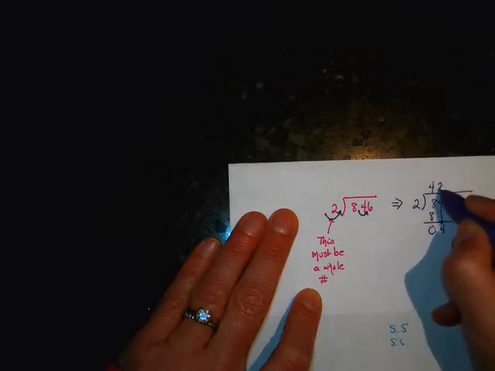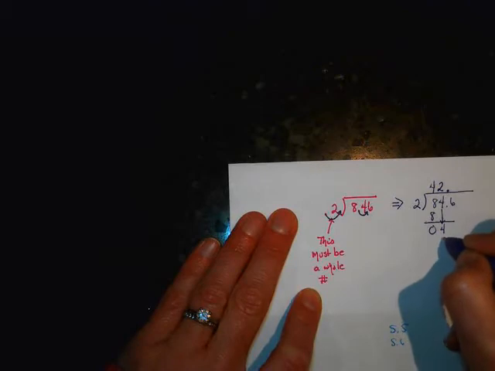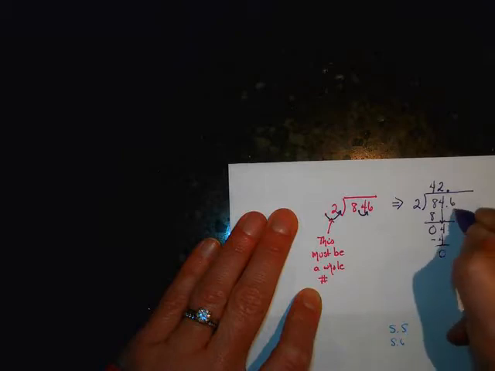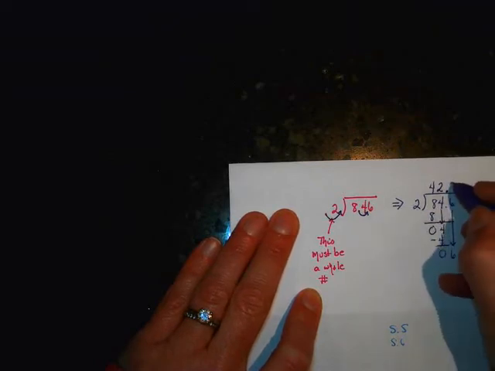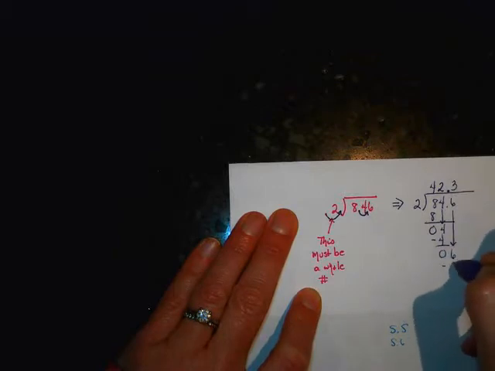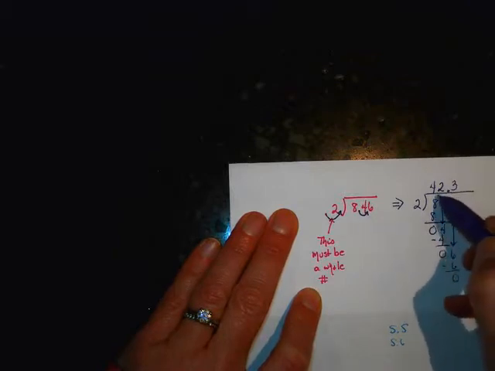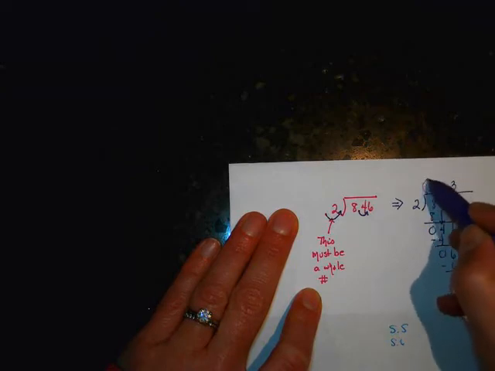There's a 2. So 2 times 2 is 4. Then you subtract and bring the 6 down. And then what times 2 gets you the closest to 6 without going over? That'll be a 3. And there it is. It's bigger than the $4.23, which we thought it would be. So it's 42 3/10.